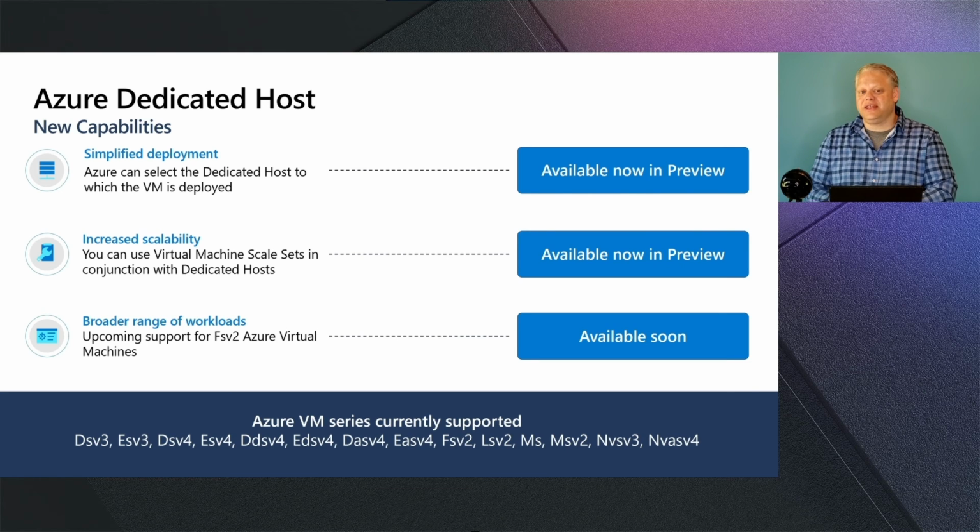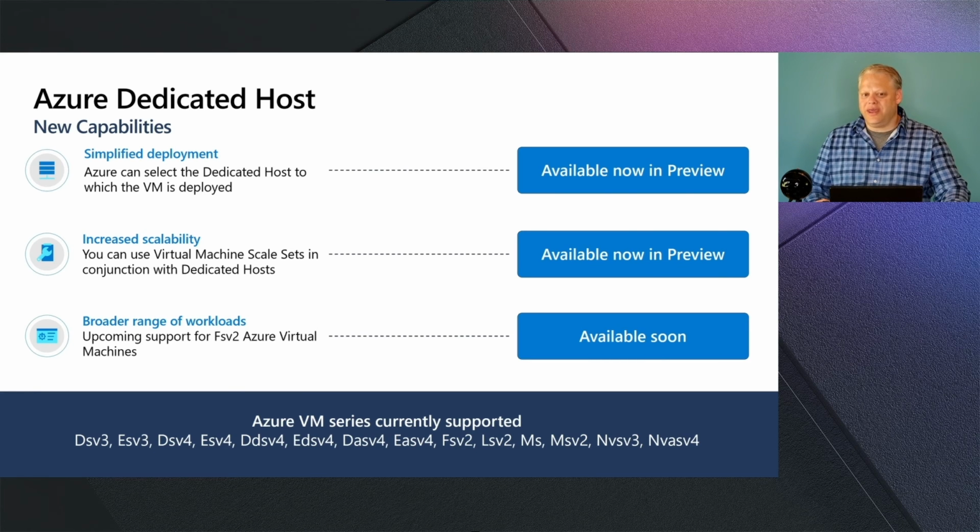That functionality then expands into leveraging virtual machine scale sets on top of dedicated hosts. And so with scale sets, you can again point it at a group of dedicated hosts, and it will automatically deploy those instances onto those hosts. And so you bring together the compliance and requirements and cost savings for dedicated hosts with the scalability functionality that you get in scale sets.